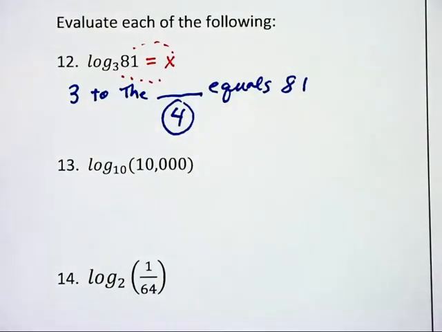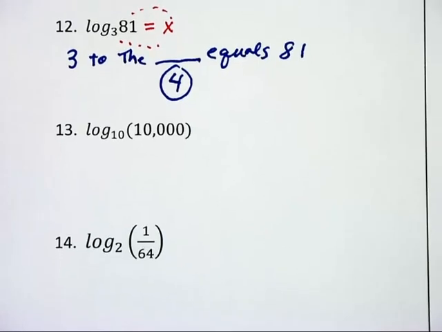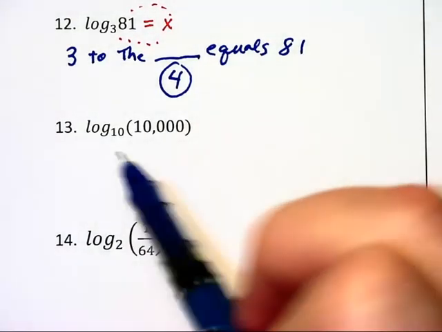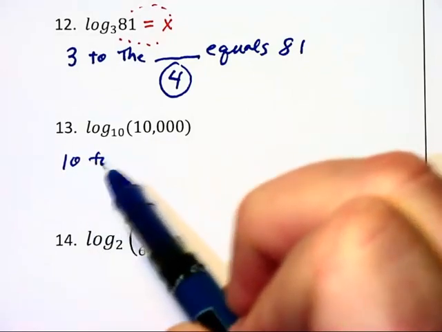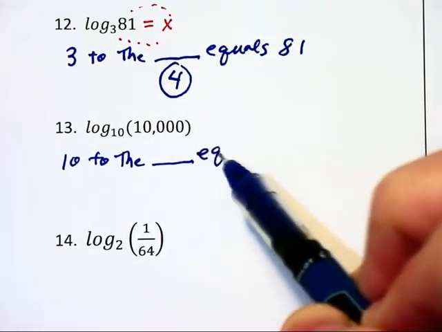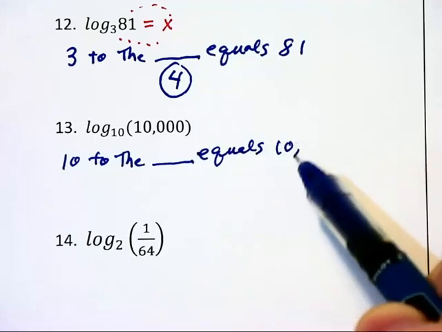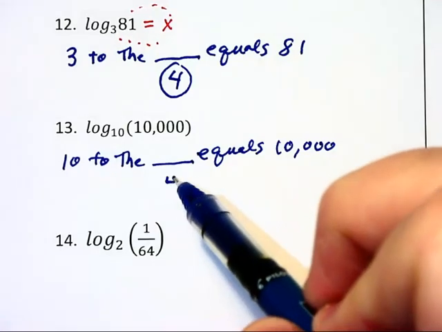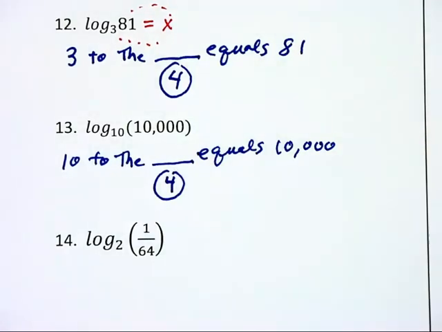Now we don't write that equals x there because that's creating an equation where there isn't one, but let's try it again without. I'm going to say 10 to the whatever equals 10,000. Well, there's 4 zeros in that 10,000, so again this will equal 4 also.